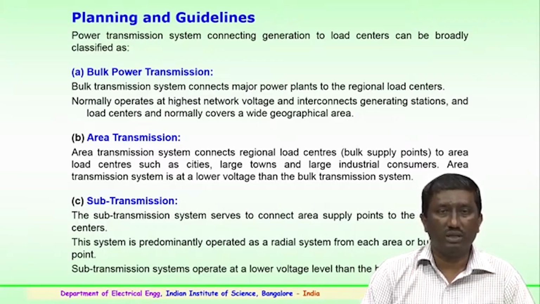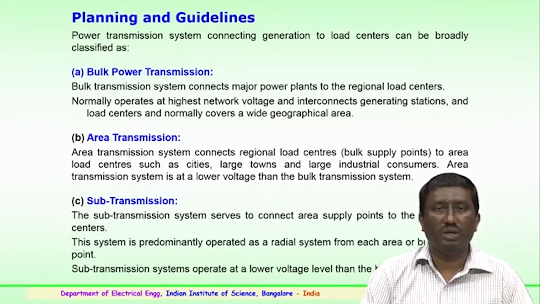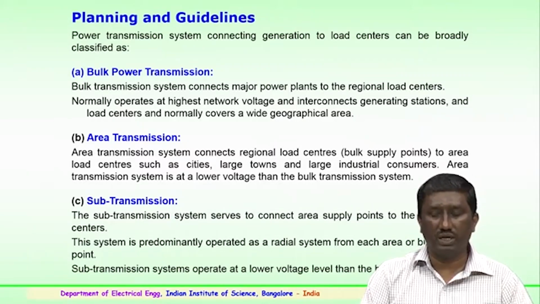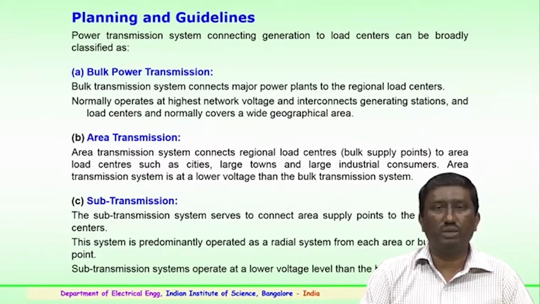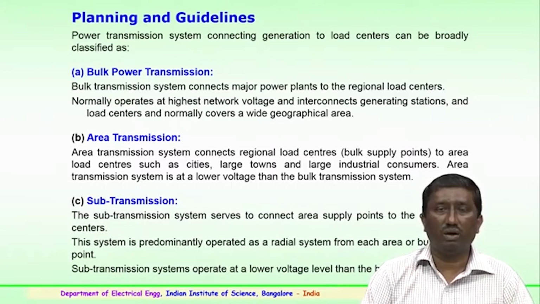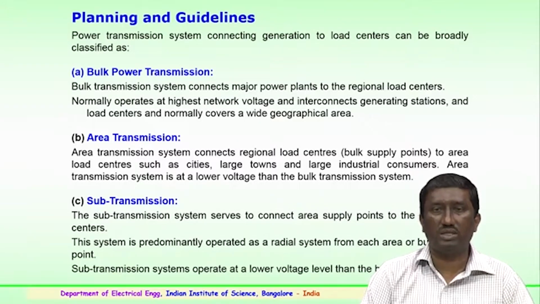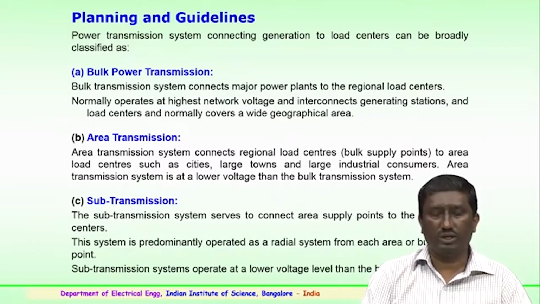Further is the sub transmission system, where the sub transmission serves mainly to connect the area supply points to the distribution centers. The system is predominantly operated either as a radial or in some cases as a ring system for each of the bulk supply points.